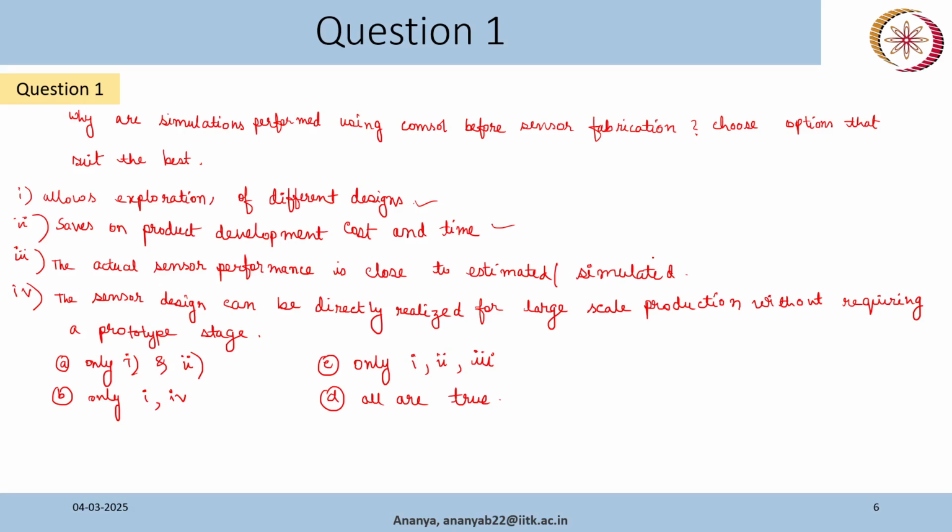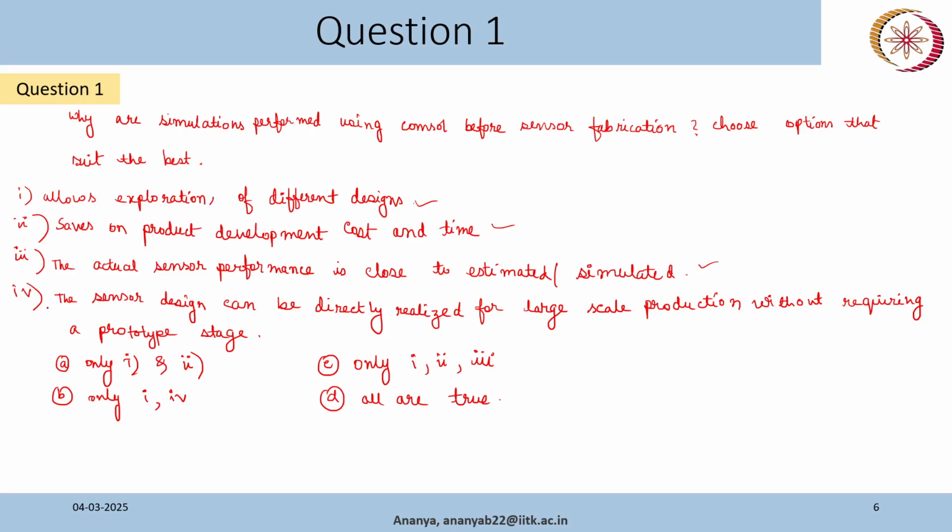Say for example in case of designing a heater, it is very important that you choose the correct boundary condition and how the heat will flow, because when you use the sensor, it will not be in vacuum, so there will be certain heat loss because of air, because heat will travel from your structure to air. So you have to consider all those practical scenarios while doing the simulation. If you do it correctly, then it will give a result that is very close to the actual result. So this is also true.